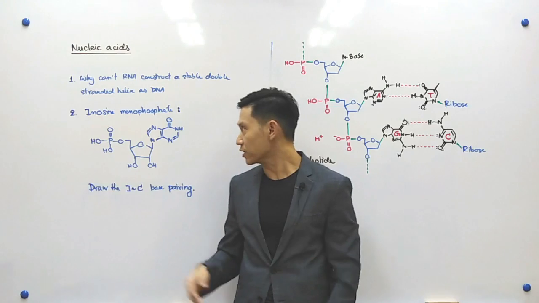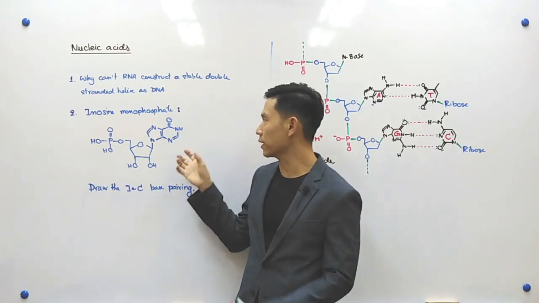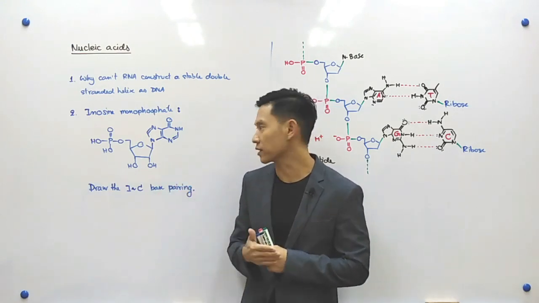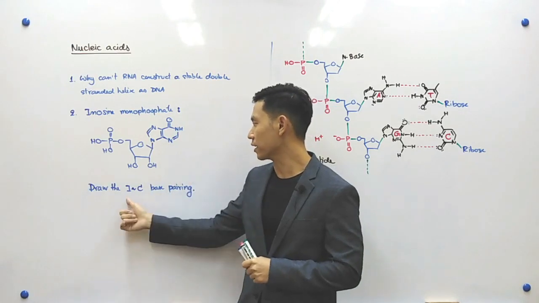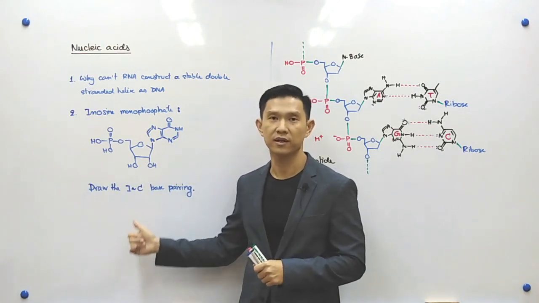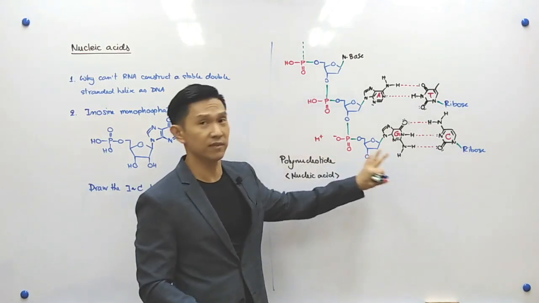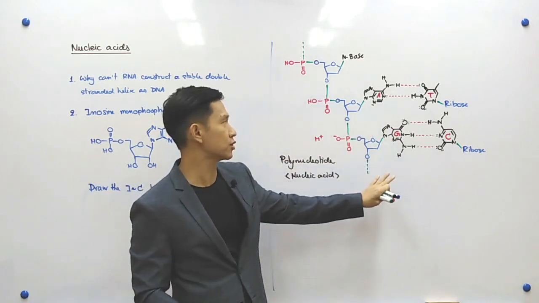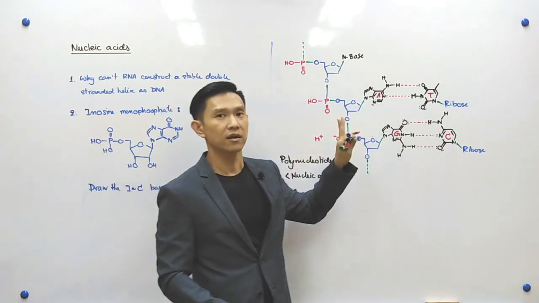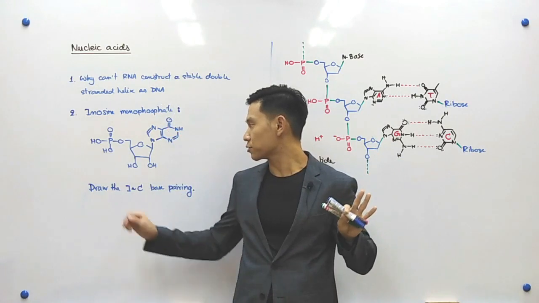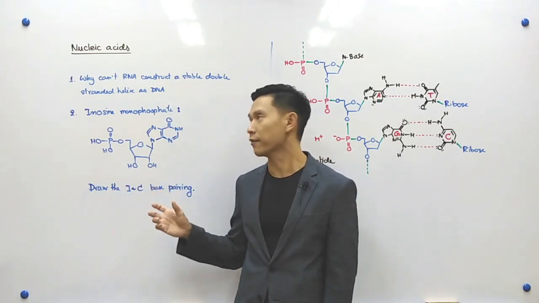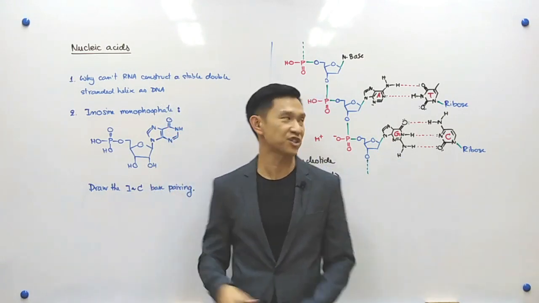The question is, if I want to make a base pairing structure between inosine and cytosine, it's quite the same as shown here in the picture. So what I want you to do is draw the structure of the base pairing between I and C.